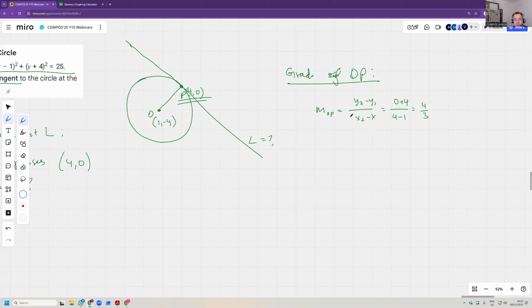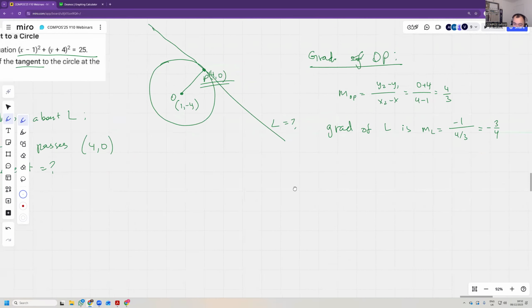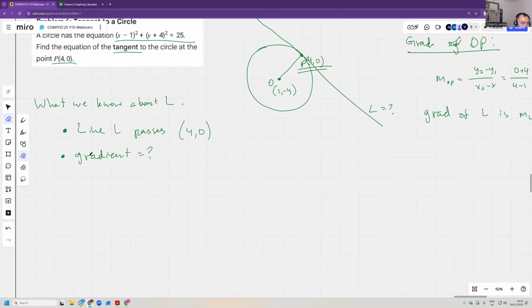If the gradient of OP is 4/3, that means the gradient of L, m_L, is minus 1 over 4/3, which is minus 3/4. All right, so that's the missing piece of the puzzle. We now know the gradient. The gradient is minus 3/4.